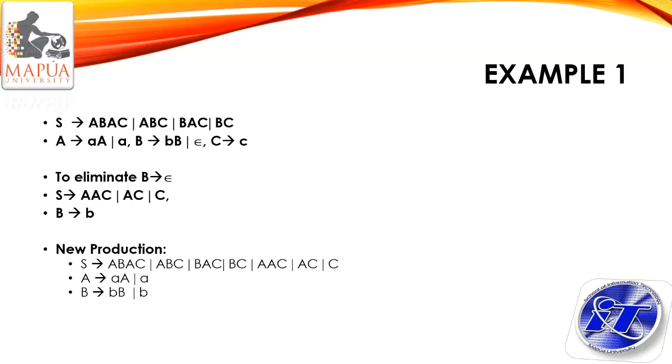And we didn't touch C, so just copy it. This will be our new simplified production rule when we remove null.